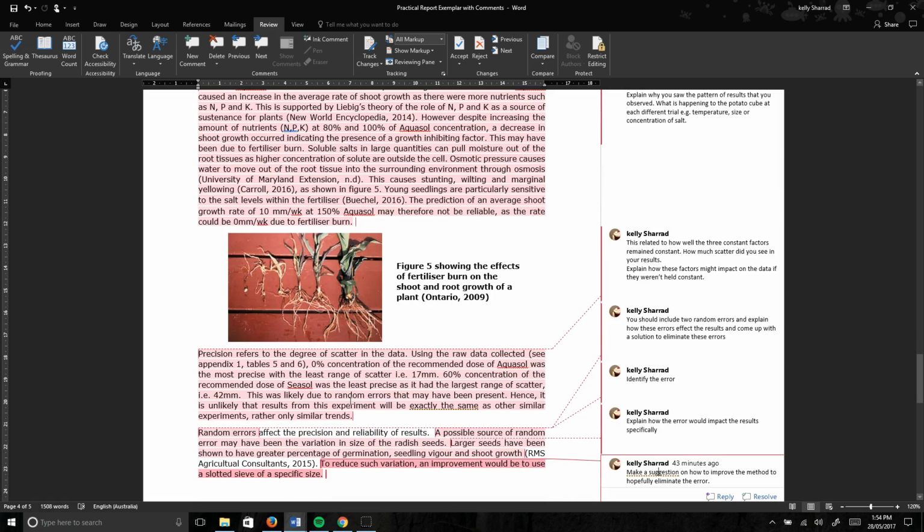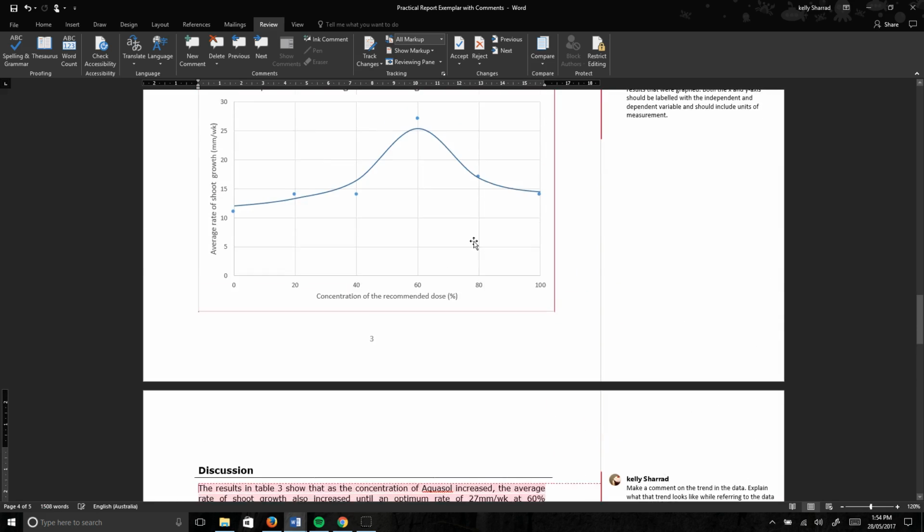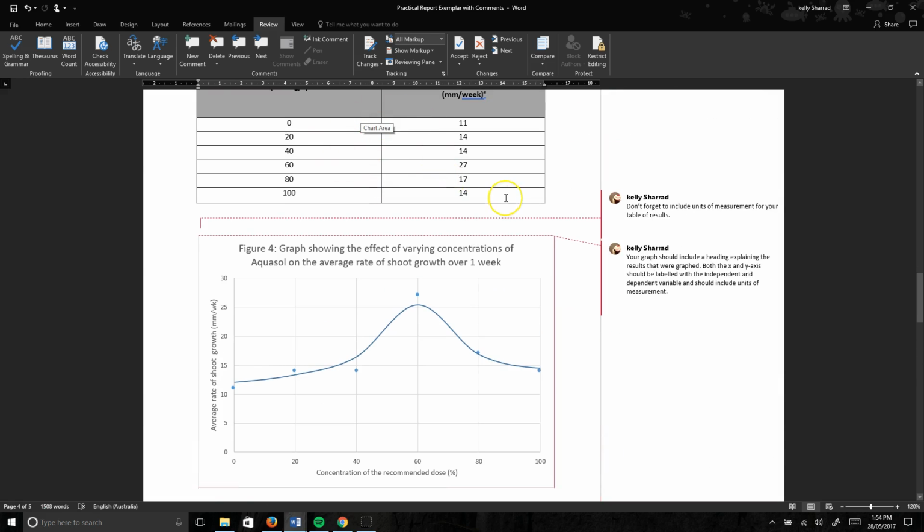It's why. Now, the next stop point is you need to talk about how well you held the three constant factors that you mentioned above. How well were they actually maintained? This is often represented in the scatter in your data. You had all those trials, and you would have noticed that not all of the trials were the same.